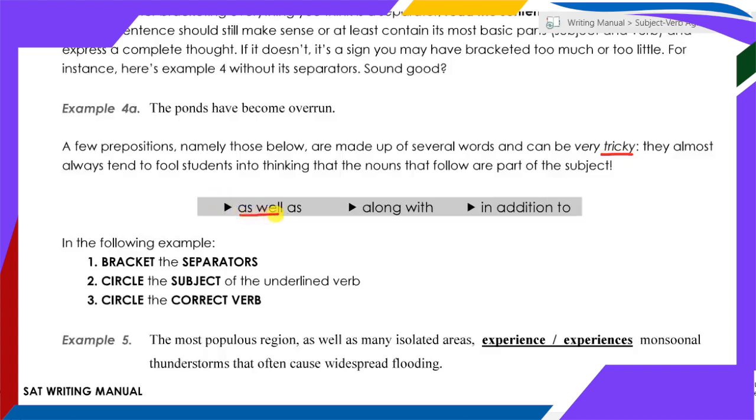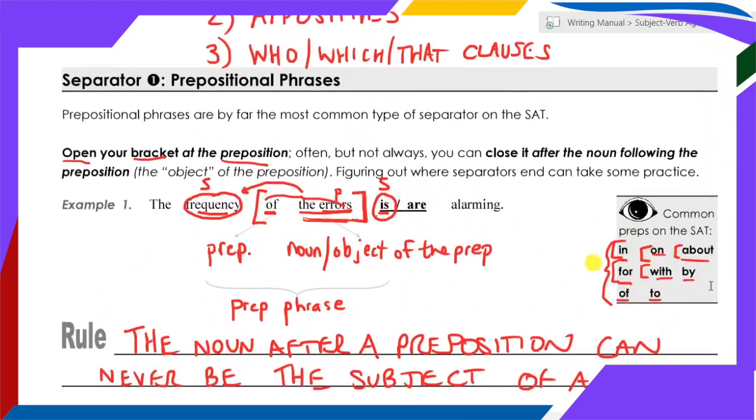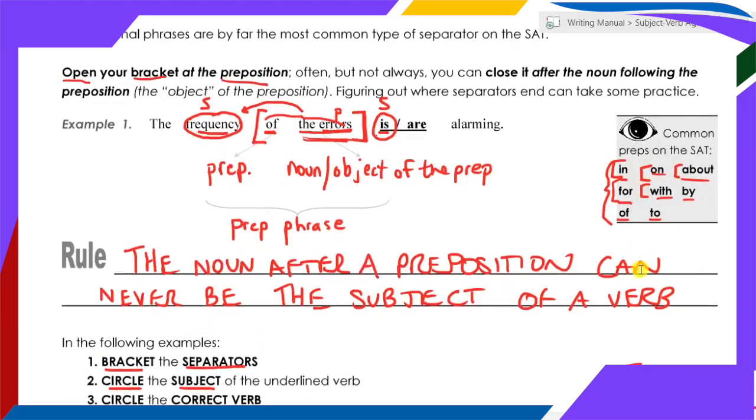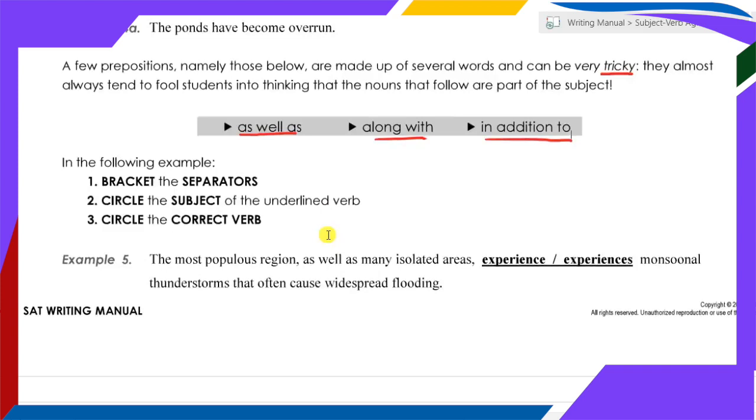These prepositions, as well as along with and in addition to, the reason that these prepositions are slightly tricky is because they don't look like all of the other prepositions, because all of the other prepositions that we've talked about are really short 2, 3, 4 letter words, and these prepositions are actually phrases. However, these 3 phrases indeed are prepositions, and we can start a bracket at these phrases and end the bracket wherever we need to.